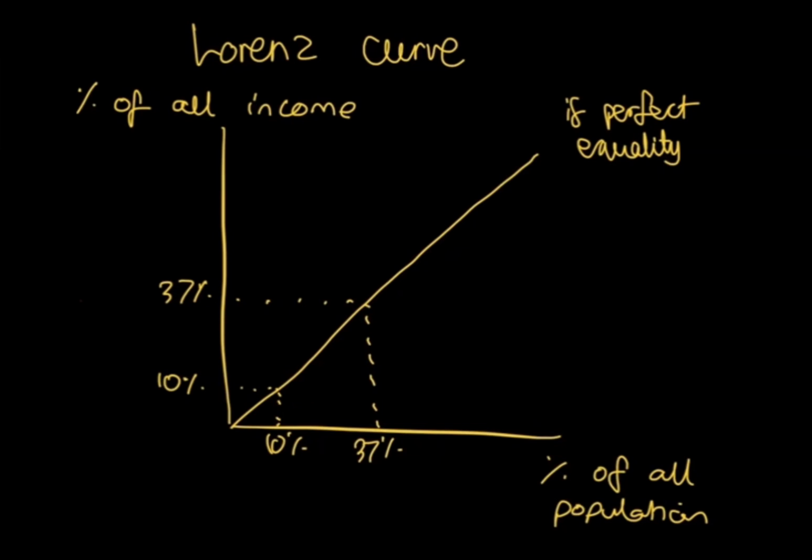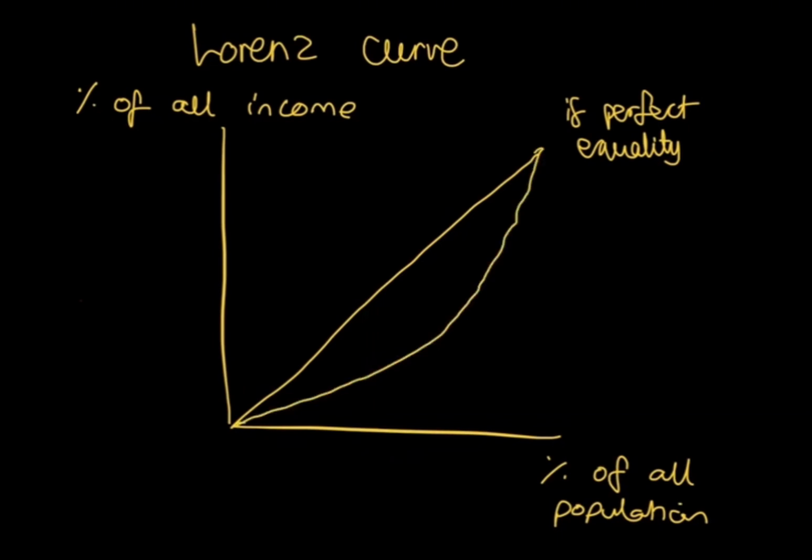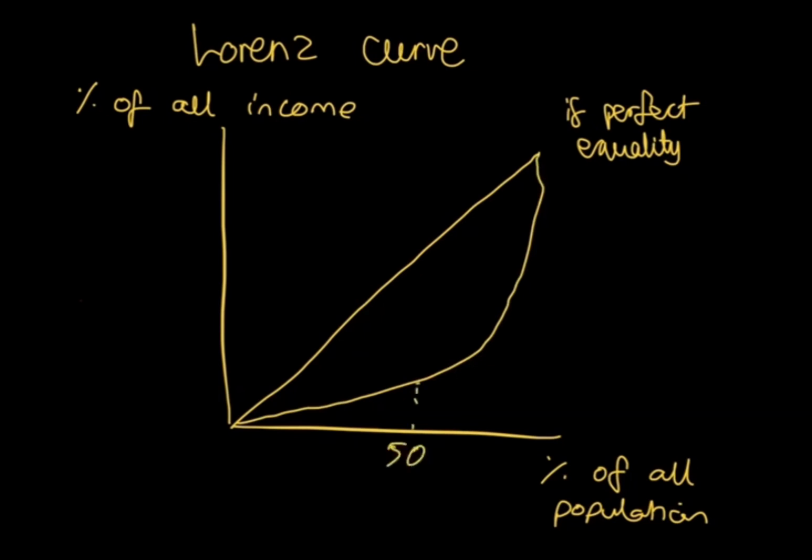Now, in reality, how does the curve look? Would it be like a backward bend? Oh, it looks kind of like that. So it's flat and then steep. This just suggests that in this made up one, 50% of the population earn only 30%, or 20% even, of all the income.